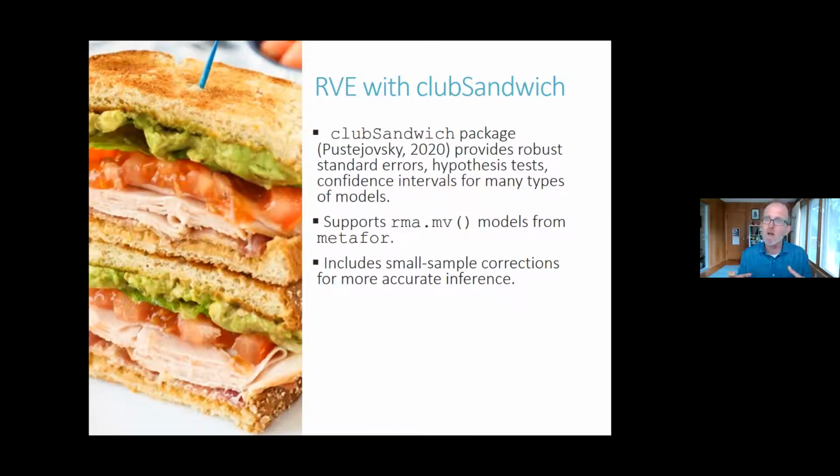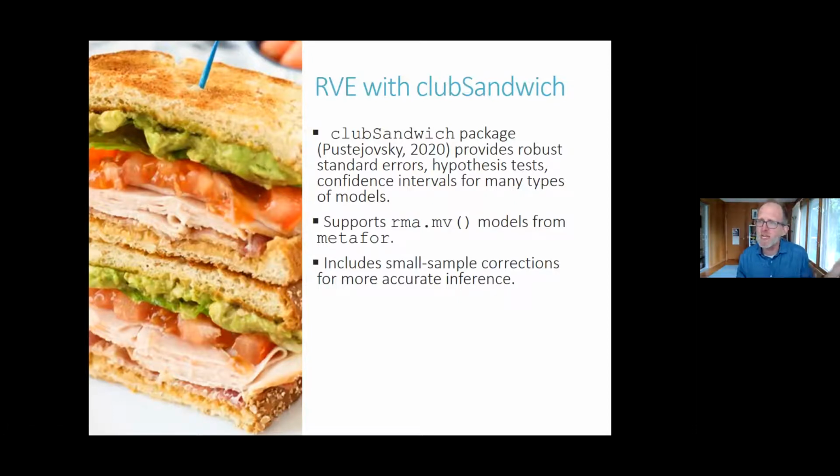Regular RVE methods are justified on the basis of asymptotic approximations, so to work well, you have to have a sufficiently large number of clusters, or in our context, a sufficiently large number of studies in your meta-analysis to be able to trust regular robust variance estimation methods.